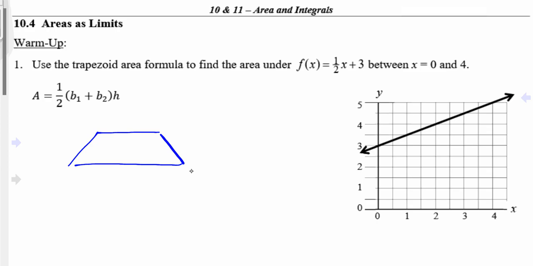Okay, since we're not quite ready to define it, let's try another one. Is this a trapezoid? So what's a trapezoid? Still nobody's committing? Okay, let's try another one.